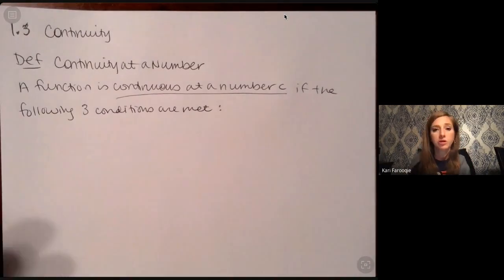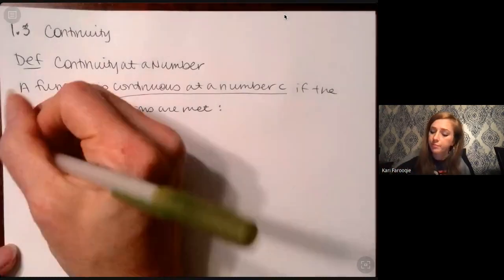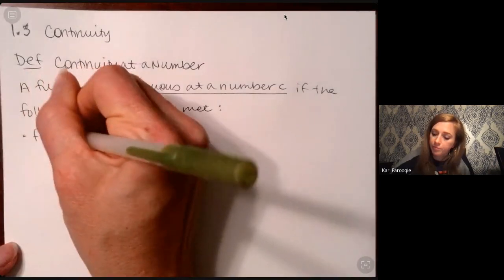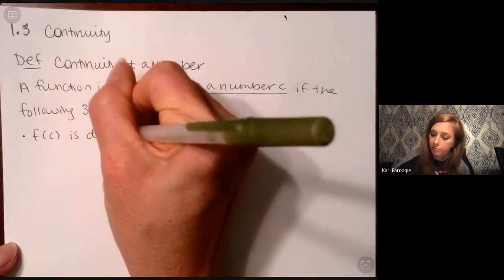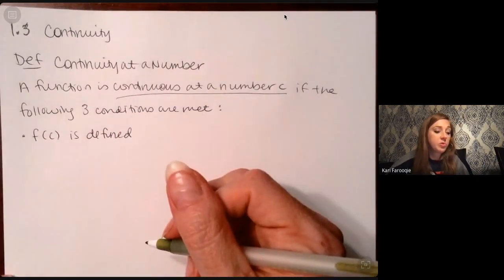Okay, so I'm going to give you three conditions here, and then I'm going to give you some examples where we're going to check these conditions. The first is that f of c is defined. That means that c must be in the domain of f.